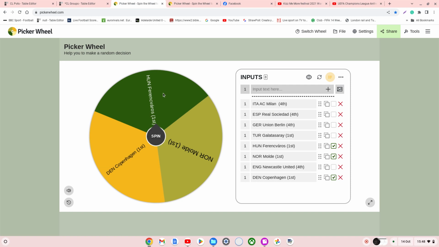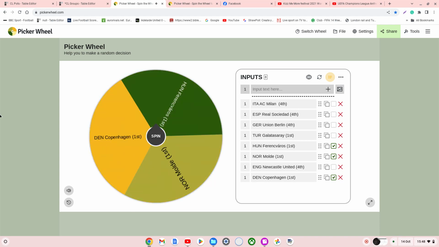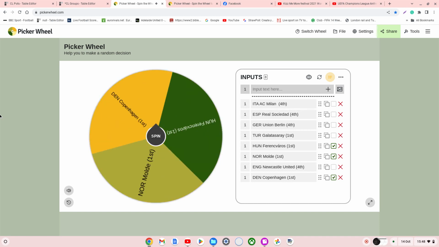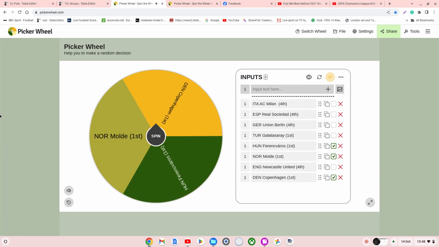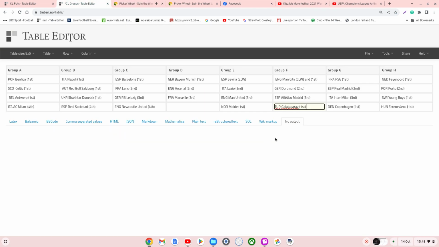Right, Ferencváros, Copenhagen, or Molde. Who's it going to be? And it's Molde. So Molde is going to have to be them.